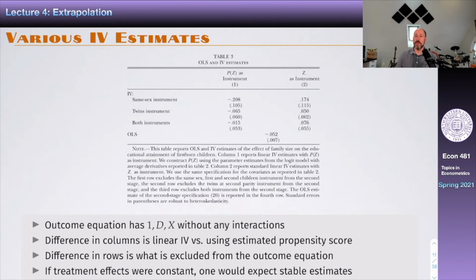Because remember, different instruments in this world identify different local average treatment effects. But if there's no unobserved heterogeneity, these local average treatment effects are the same. If they start looking different, then you have some indication of unobserved heterogeneity. Of course, another problem could be that the instrument is not working, but as long as it's introducing some variation, if you see different values here, you have some indication that you have unobserved heterogeneity.